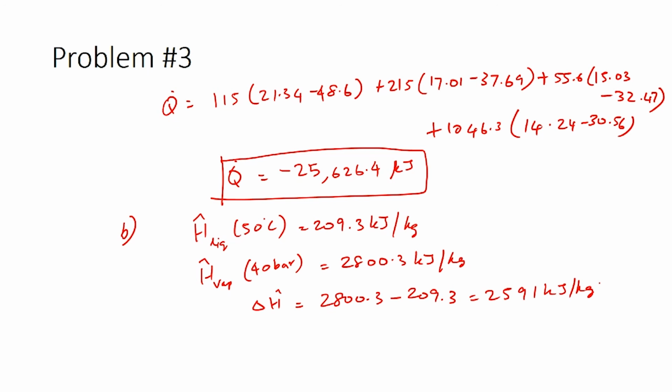Now the energy balance for this system is Q dot equals delta H dot, and we have to calculate delta H dot. Delta H dot is basically m dot times delta H cap. The heat gained by the steam is equal to the heat lost by the stack gas.